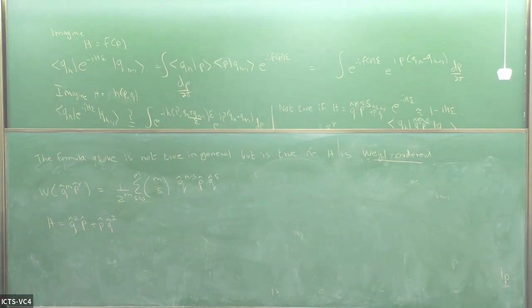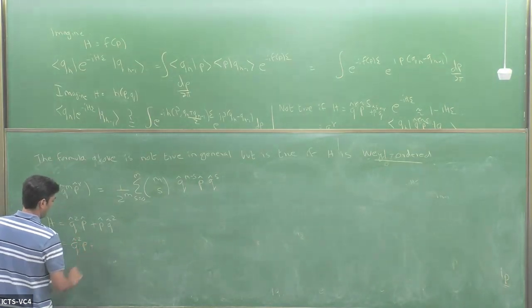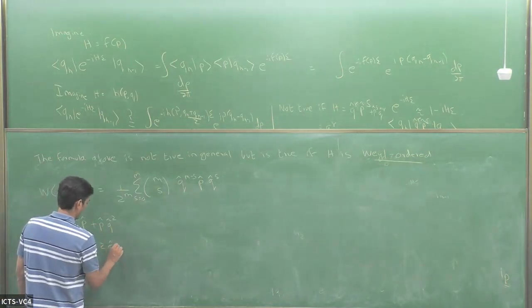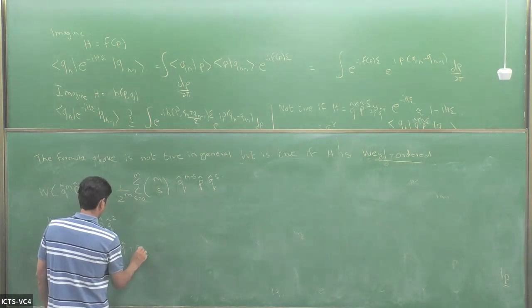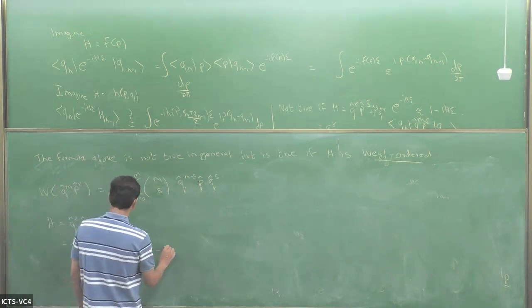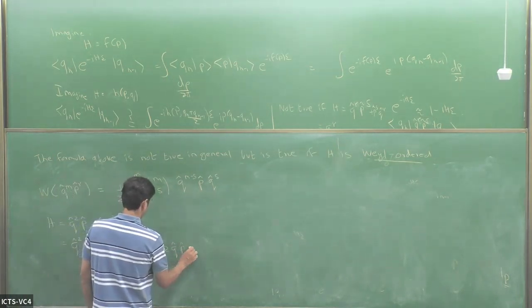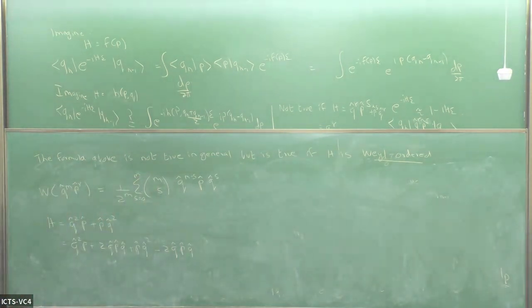The point is, you can always Weyl order it. And how do you Weyl order it? Well, you realize that to Weyl order it, you would have to add this, plus twice q hat p hat q hat, plus p hat q hat squared, and then there would be a minus twice q hat p hat q hat.